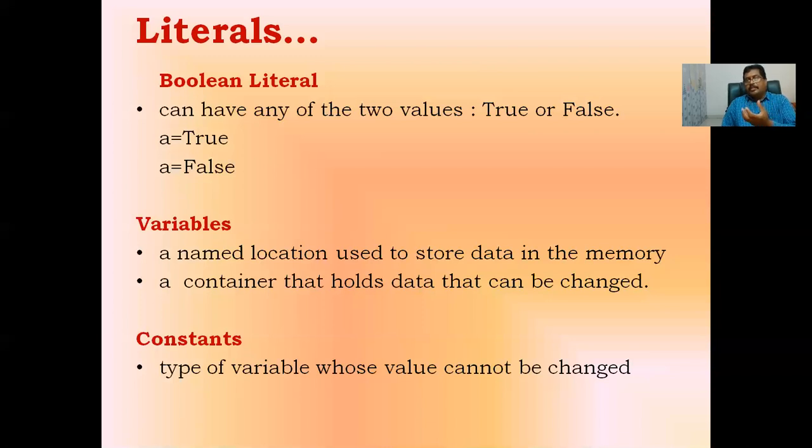It is nothing but the name and location used to store the data in memory. That one will be the variable. A constant is also a variable only. Whatever value we store in that particular location cannot be changed, whereas in a variable the value can be changed. That is the main difference between variables and constants.